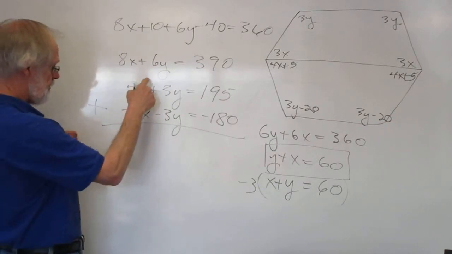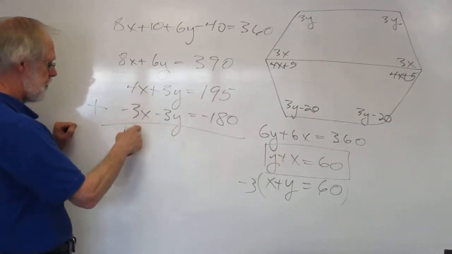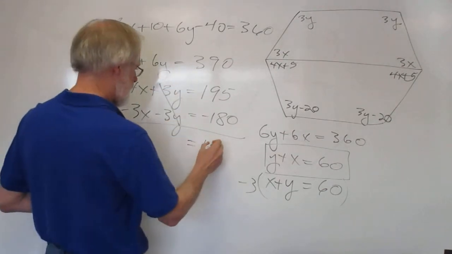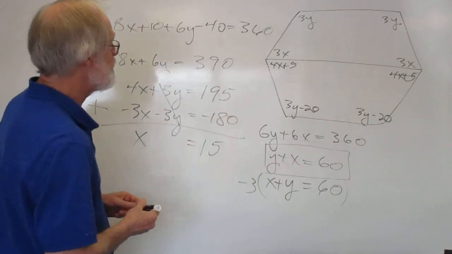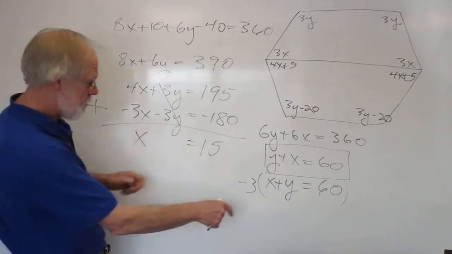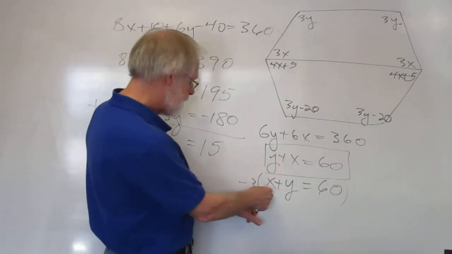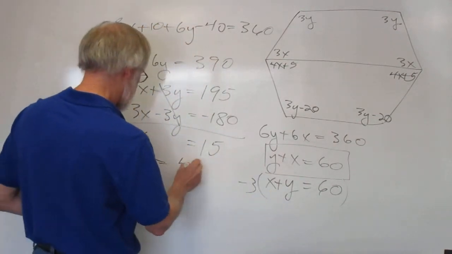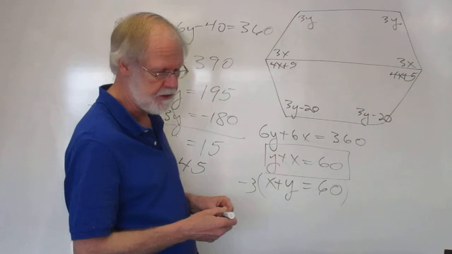We have 4x minus 3x is x, these cancel, equals 15. Take that 15 and put it back into one of these equations. This one is the easiest. 15 plus blank equals 60, so y equals 45. And that's the solution to that problem.